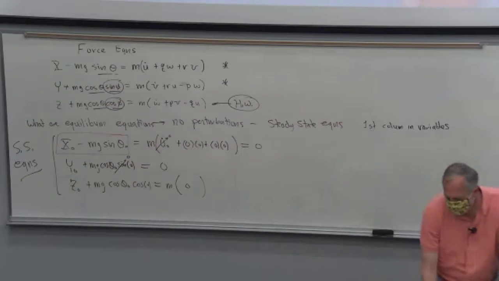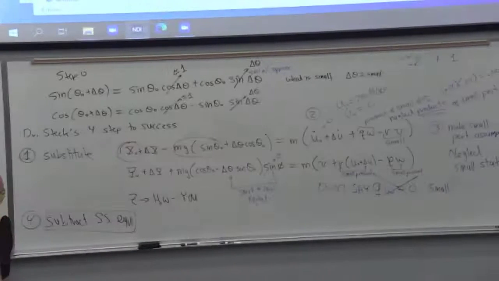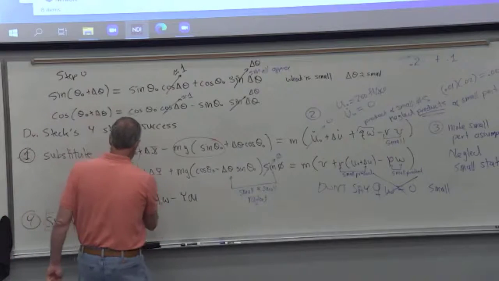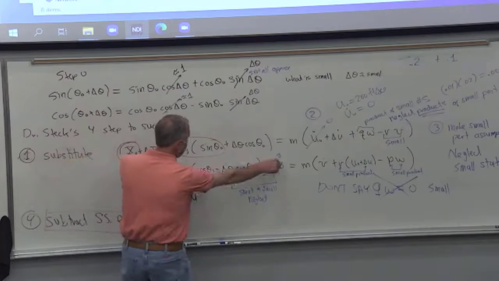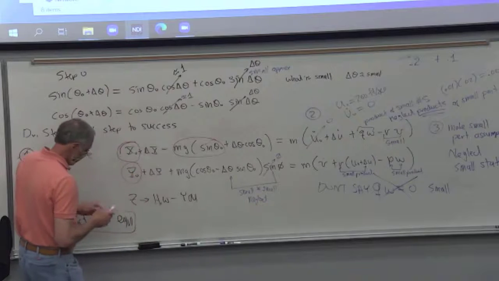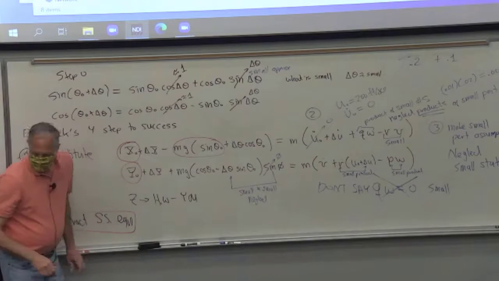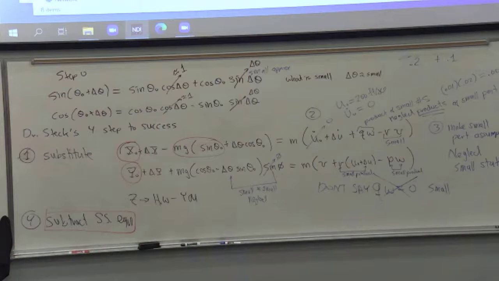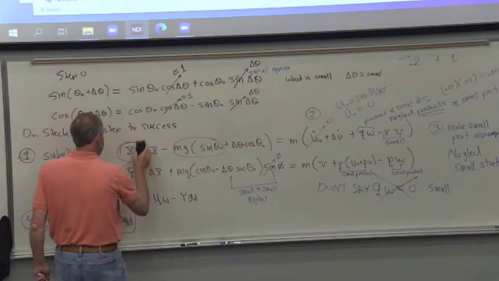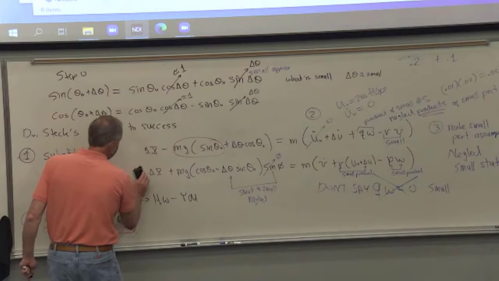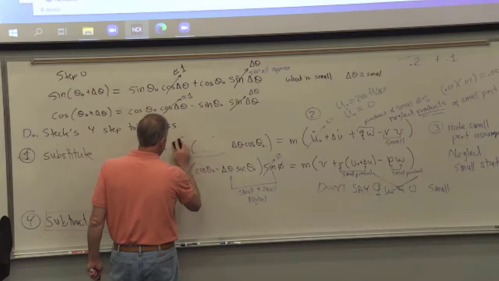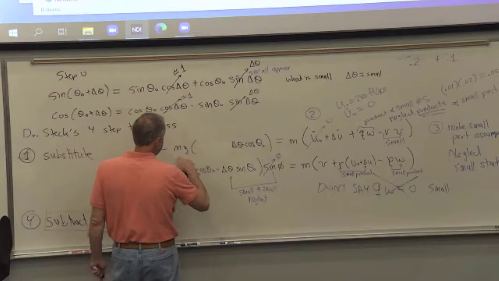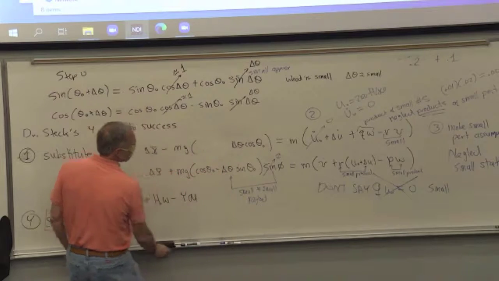So that's why we needed those steady state equations, is for this step. So here's the only steady state part here, because here we're going to have cosine, but that's going to be multiplied by phi. So what we're left with are our small perturbation equations, which are these here. So we subtract out that literally with an eraser, and we subtract out this term, and we're left with mg times that.